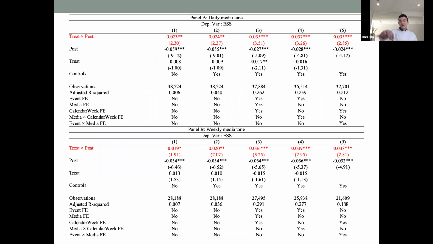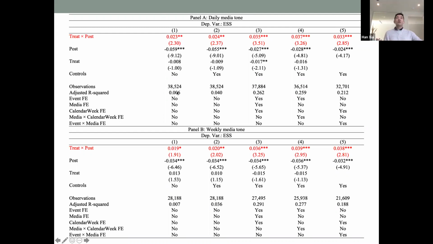All right, so here are the regression results. These are really straightforward results, so I will just go over them real quickly. Basically they are all consistent with the pictures that we have seen. If we look at the first panel A, which uses the daily median tone, and the second panel is essentially the same, we see that the economic magnitude of these results lines up with what we saw in the picture.